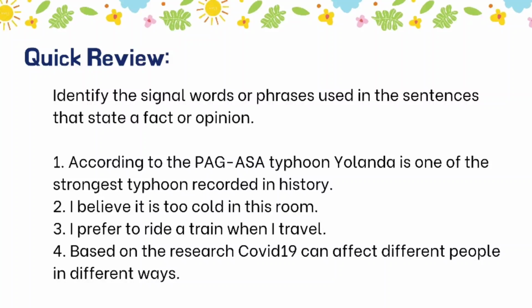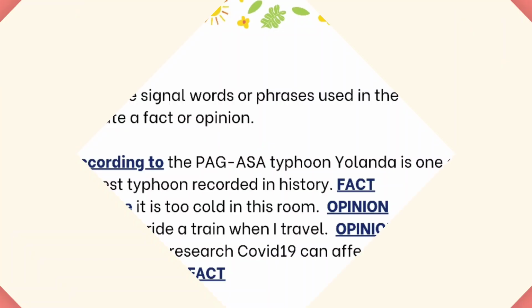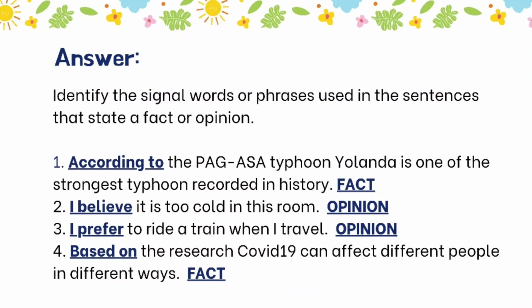Now, what are the signal words or phrases used in the following sentences? Let us check your answer. Number 1, the sentence is a fact, and the signal words used is according to. Likewise, at number 4, the sentence is also a fact. The signal words we use is based on.